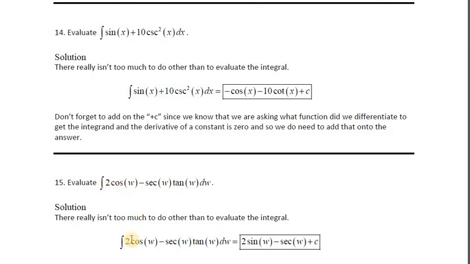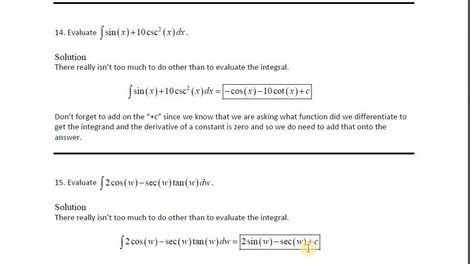Integration of 2 cos w: the constant 2 remains as it is, and integration of cos w is sin w. Then sec w tan w is another formula: integration of sec w tan w is sec w. So the result is 2 sin w minus sec w, and of course the integration constant c.